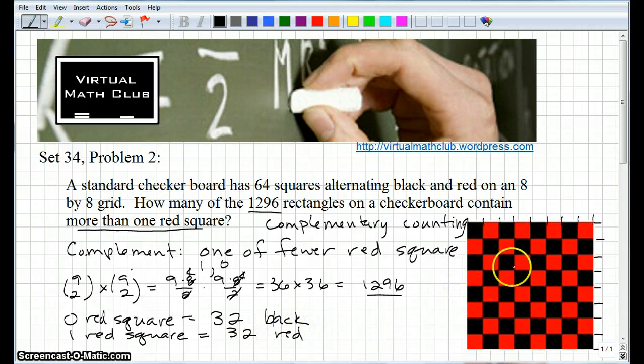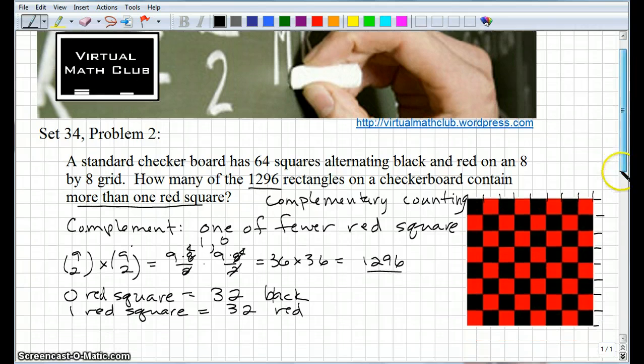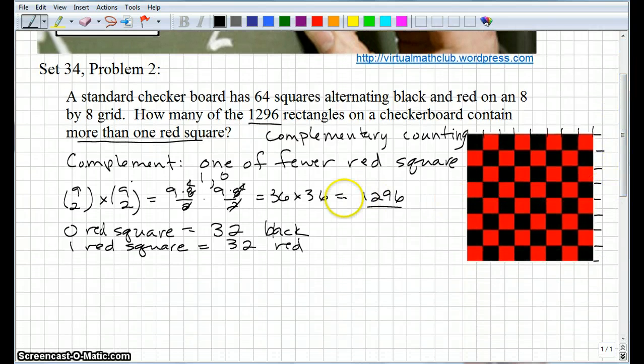Or, let me scroll down here. We can take rectangles that look like this, that are just 1 by 2. So if we took a rectangle that looked like that, where it's got one black and one red, then how many are we going to have across each row?